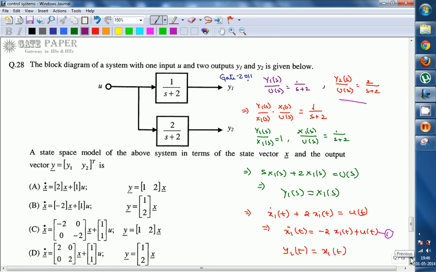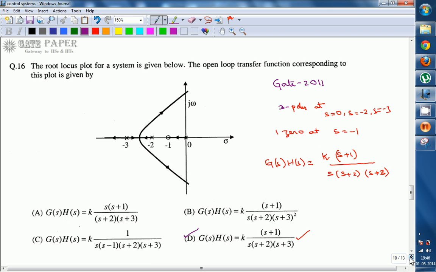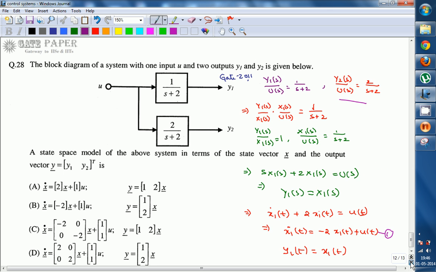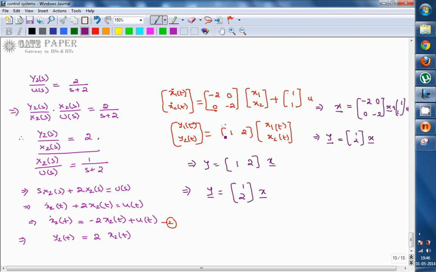So out of the given options, we can observe that this is the correct one. We got y bar equals 1 2 x bar here.